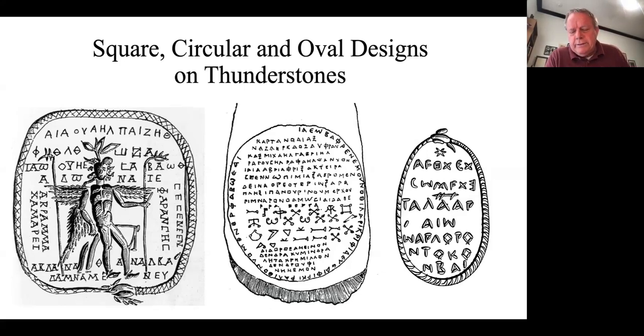I have traced, yes, it seems to me that several of the Pantheos gems are from the same hard stone. I think I mentioned that. So I think there's a kind of connection between the image and the material.